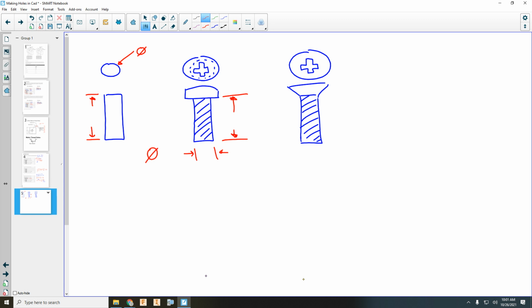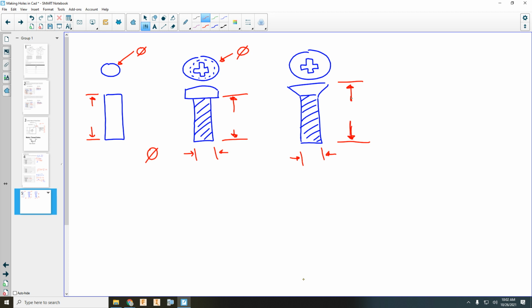I guess we could, but we also need this diameter to figure out how big of a counterbore to drill, right? We're going to need a counterbore in certain places. And the flathead screw, there's a diameter, and the difference with the flathead screw is it's the entire length. That's the official dimension.